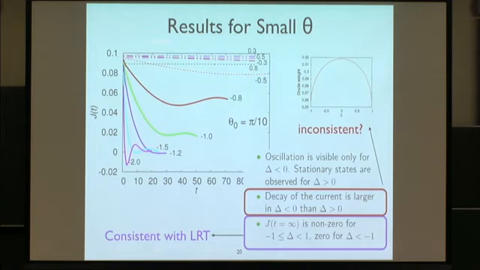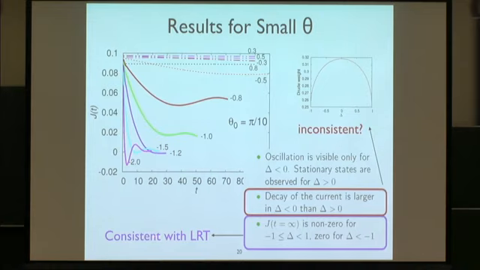It's a bit tricky business, but at least for these values it seems to go to a non-zero value. So at least naively from numerical results, the asymptotic value of the current is non-zero in the gapless phase and 0 in the gapped phase. And this is actually consistent with linear response theory plus exact Drude weight, because Drude weight is non-zero only in the gapless phase. So that is okay.